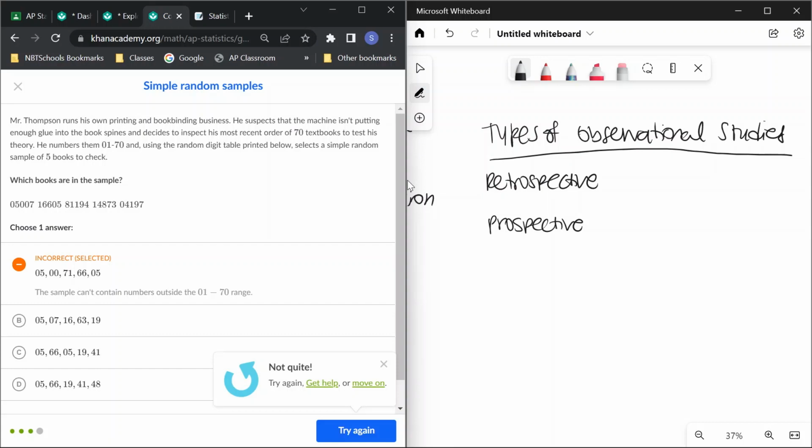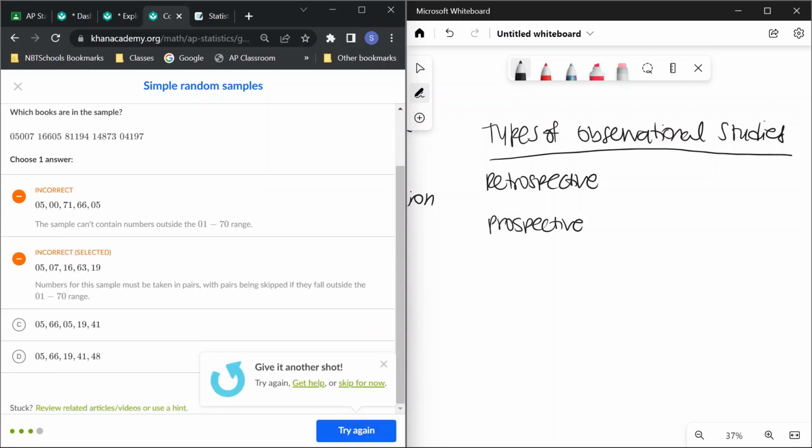Okay, so it's 0, 5, 70, no, 0, 7, 16. Must be taken. It is in pairs though. What do you mean? Oh, wait, no, that doesn't make sense.